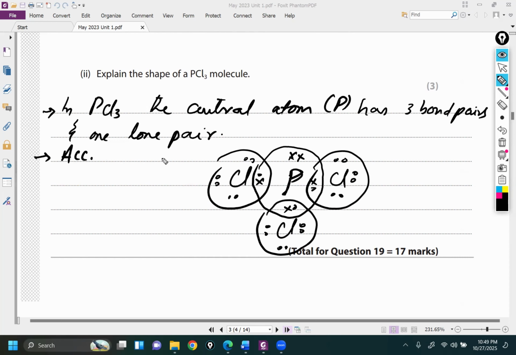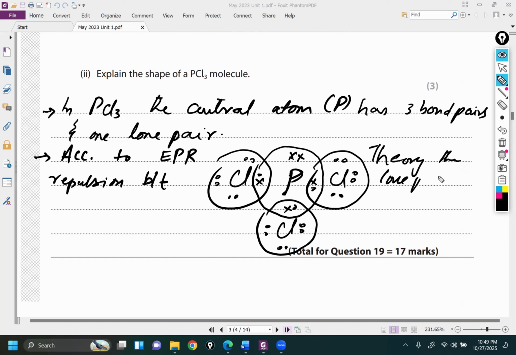According to electron pair repulsion theory, the repulsion between lone pair and bond pair is greater than bond pair and bond pair repulsion.